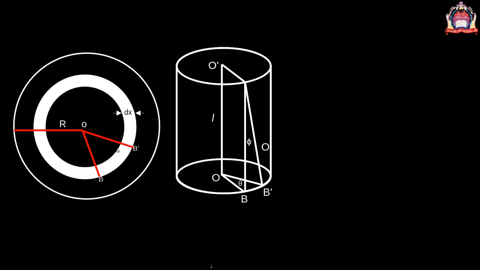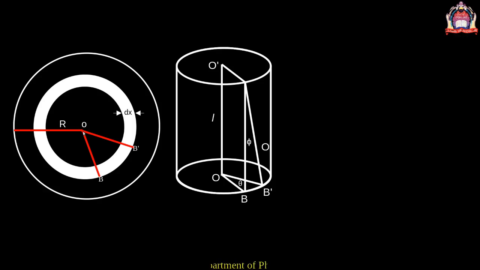Each radius of the lower end is turned through the same angle theta, but the displacement is greatest at the rim. As we approach the center, the displacement decreases, and when it reaches the center O, it reduces to 0.